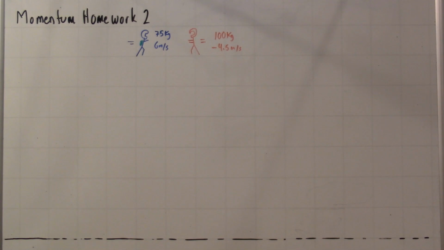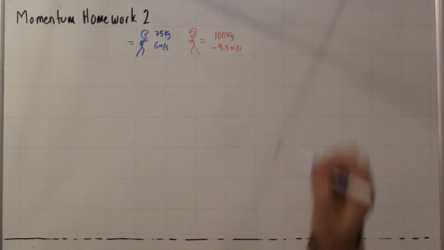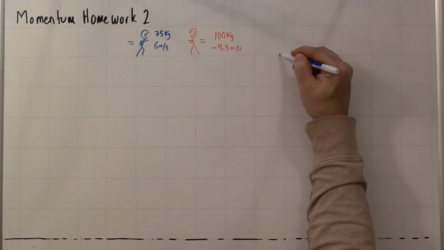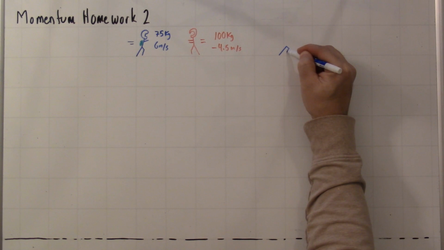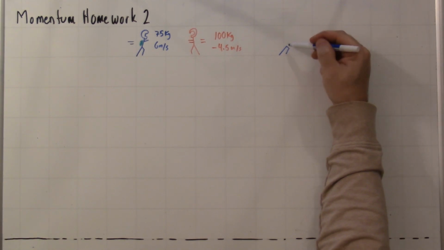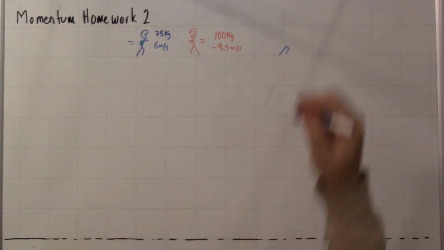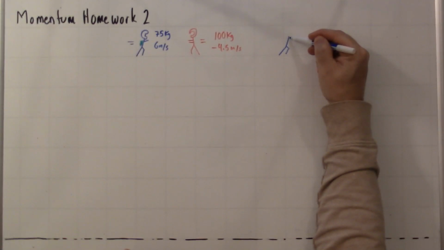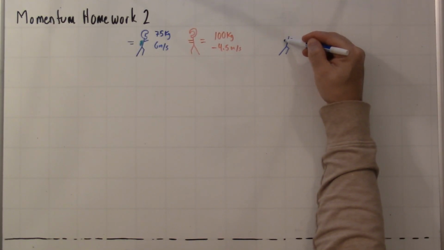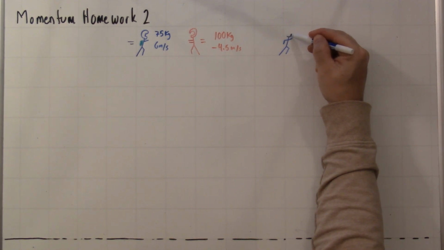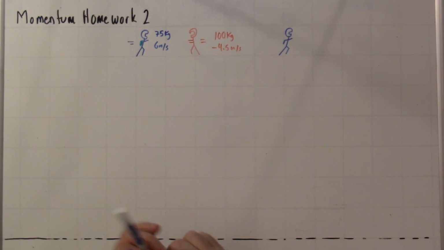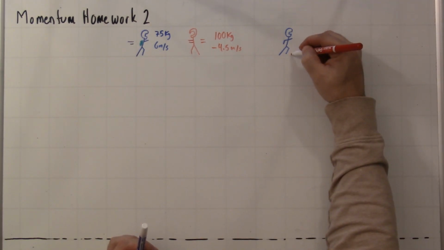We know that they're going to collide at the 2-yard line. So let's see if we can draw a picture for that. He's going to collide head on with this guy.